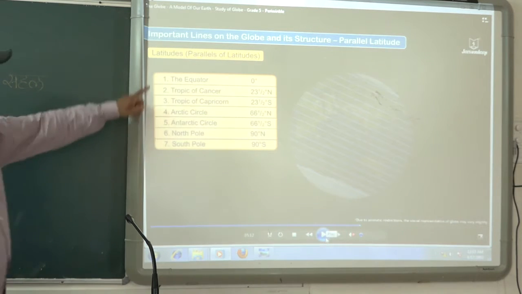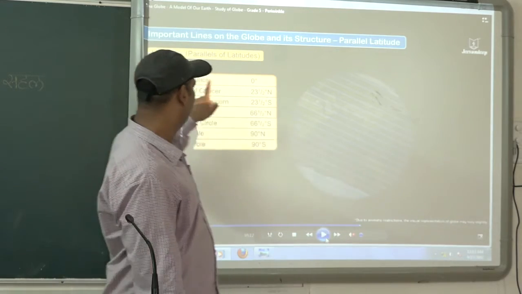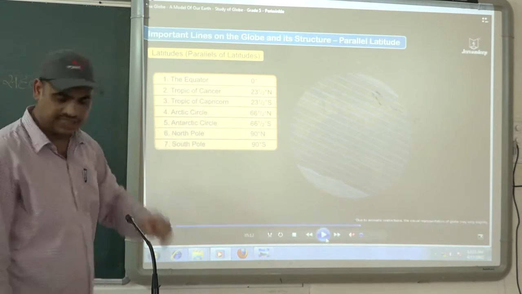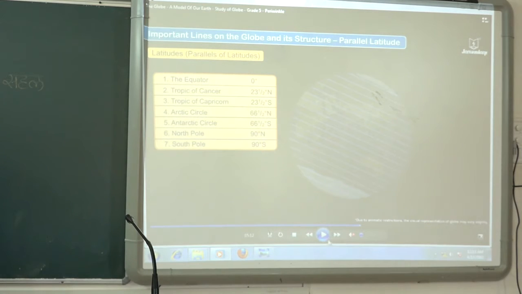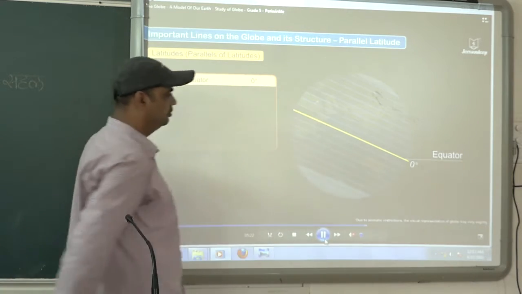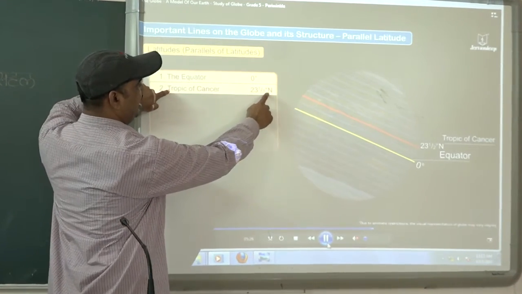So here are some parallels of latitude. First is equator, then Tropic of Cancer, Tropic of Capricorn, Arctic Circle. That we will be discussing. Let's see the video, then we'll understand. This is equator, which is 0 degree. Then Tropic of Cancer is 23.5 north.